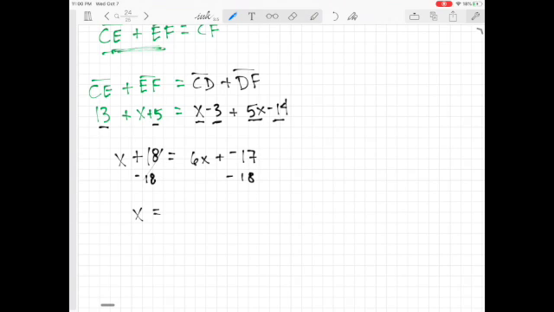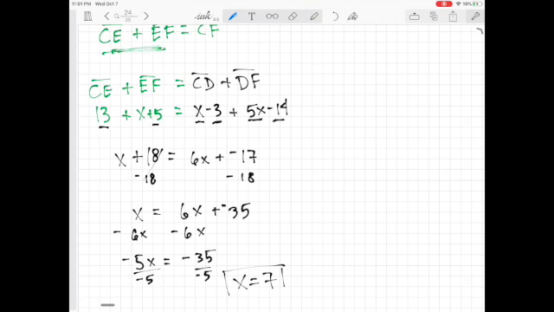That gives me x equals 6x plus 35. Then I'm going to subtract 6x from both sides. And I get negative 5x equals negative 35. Divide both sides by negative 5, and we get x equals 7.